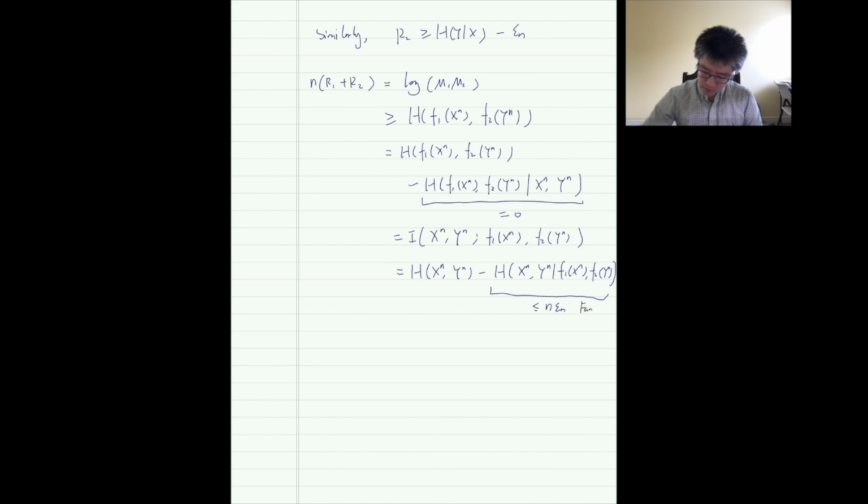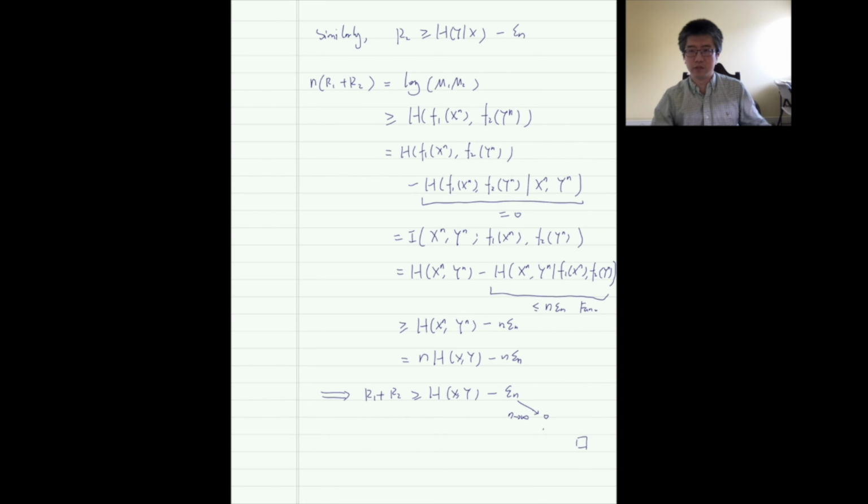Again, here's Fano, and then we get this is bigger than or equal to H(X^n, Y^n) minus n epsilon_n, so that equals n H(X,Y) minus n epsilon_n. Okay, therefore we get R1 plus R2 bigger than or equal to this guy minus epsilon_n, where epsilon_n goes to 0 as n goes to infinity. Okay, so we're done for the converse.